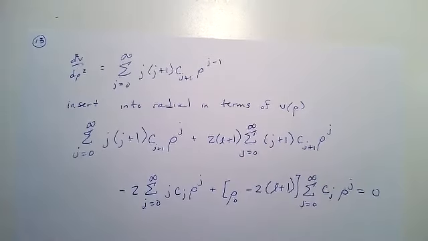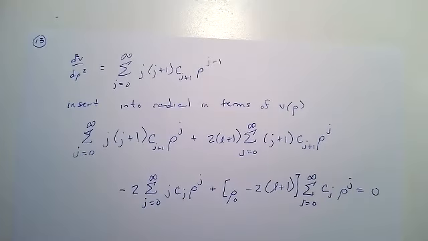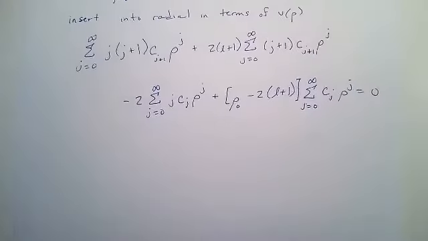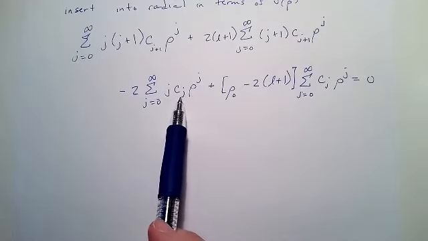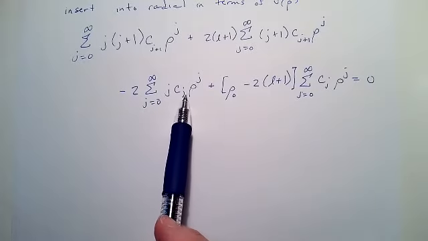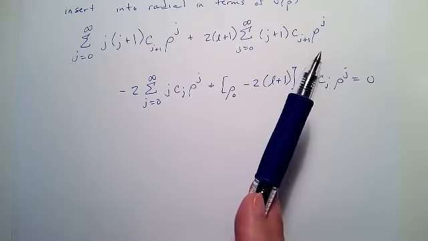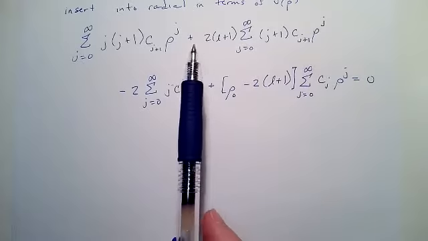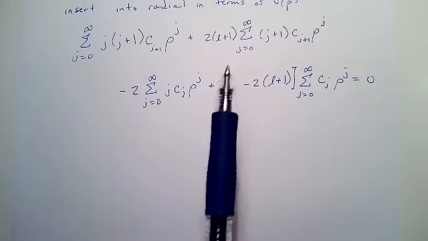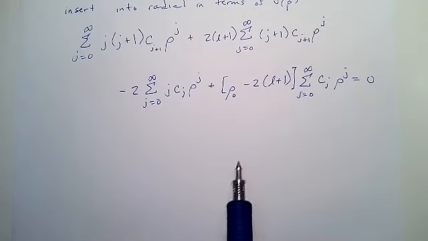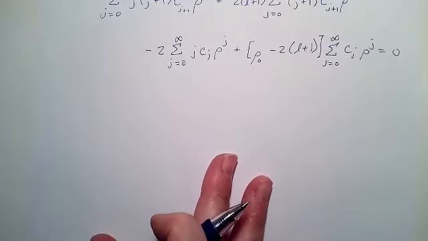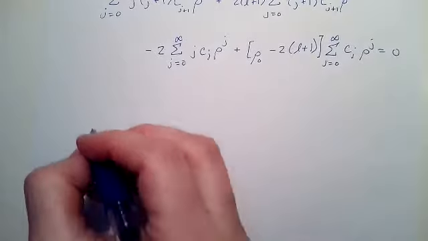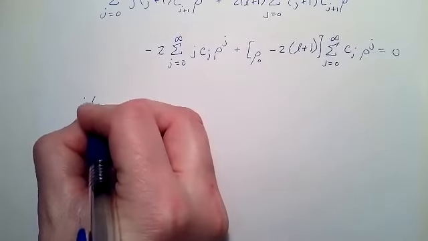All right, so when we do that, we're going to simplify, we're going to equate coefficients of like powers. So we're going to collect all the coefficients of rho to the j, all the coefficients of rho to the j minus 1, all of those coefficients, right? So once we simplify and equate those like coefficients, just like we did before, we're going to come up with an equation that looks like this.